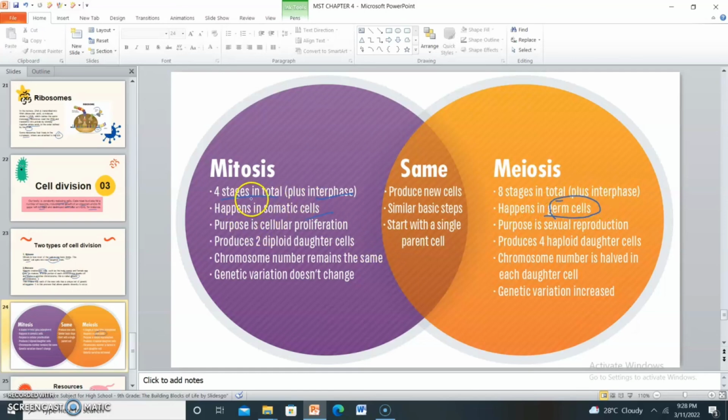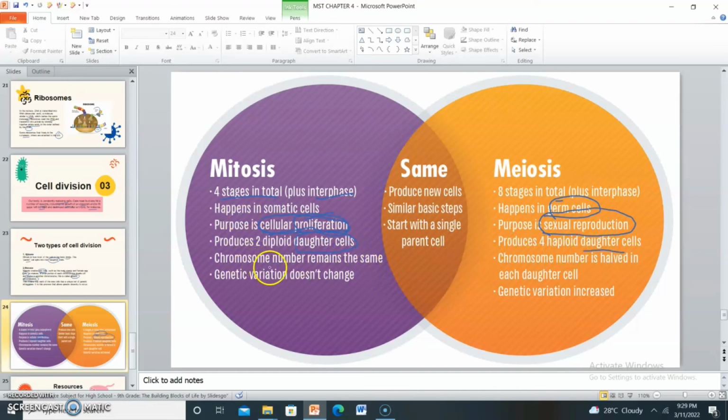In mitosis, the purpose is cellular proliferation. In meiosis, the purpose is sexual reproduction. It's the main function here. Mitosis produces two diploid daughter cells, while meiosis produces four haploid daughter cells.